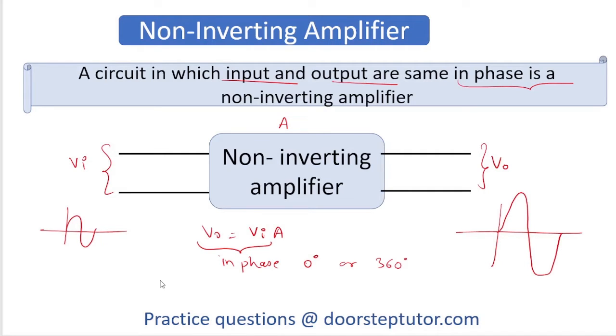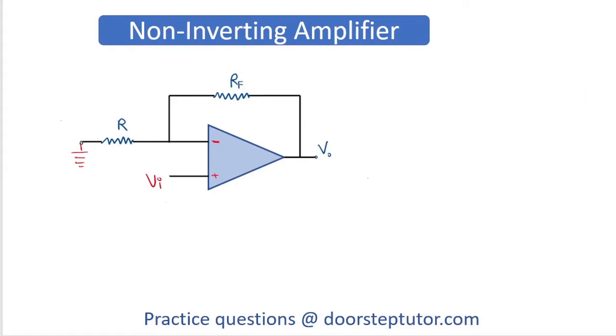There will not be any phase reversal in the case of a non-inverting amplifier. So let us evaluate the value of the closed loop gain for the non-inverting amplifier. Here you can see we have applied the input voltage at the non-inverting terminal of the amplifier. If we say this is node B and this is node A, then the amplifier has a virtual short, and due to the virtual short the potentials at node B and node A are the same.